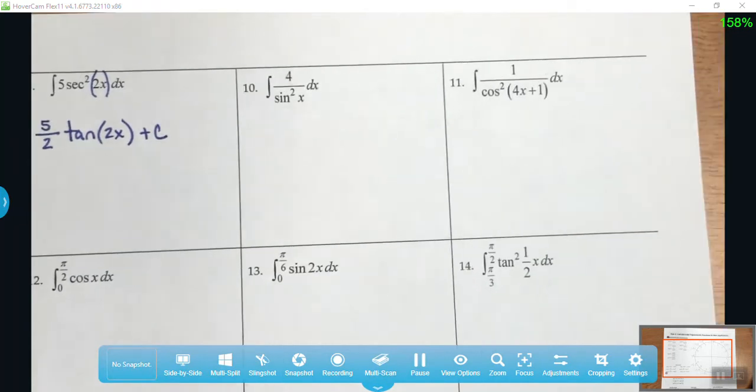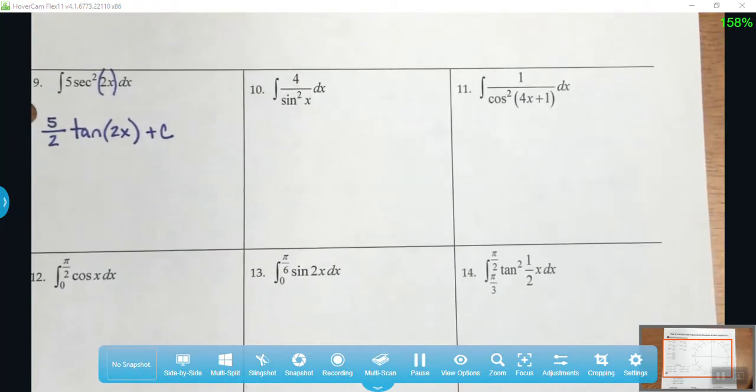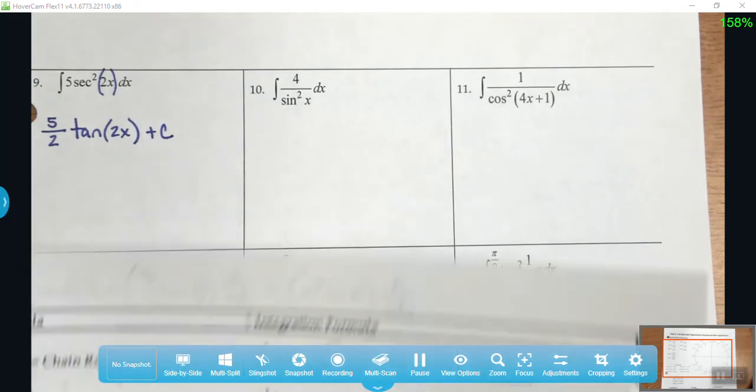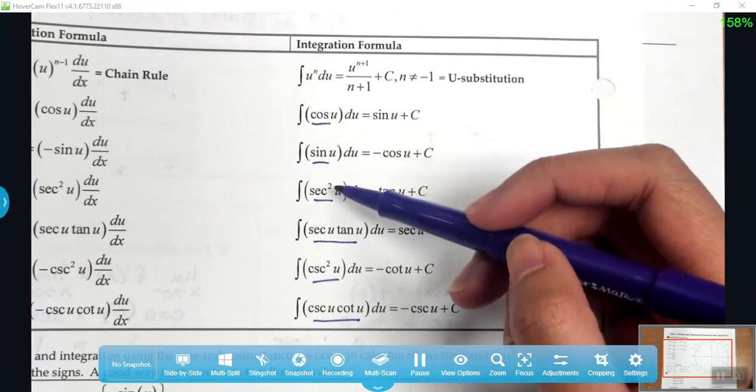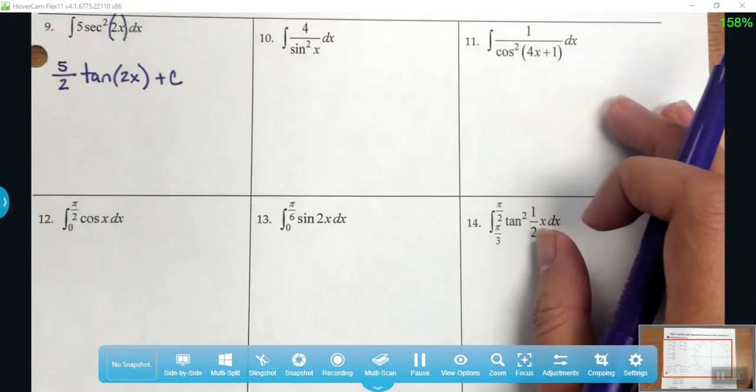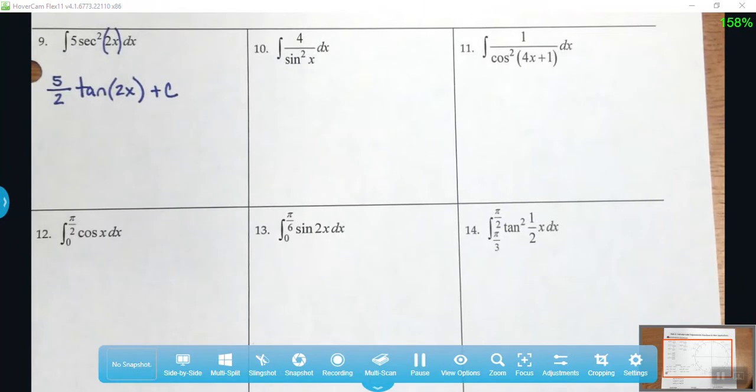Okay, 10. I don't have an integral for a sine squared. I only have it for secant and cosecant. Yeah. Is it sine to the -2x? If you brought it up, it would be 4 sine to the negative 2x.